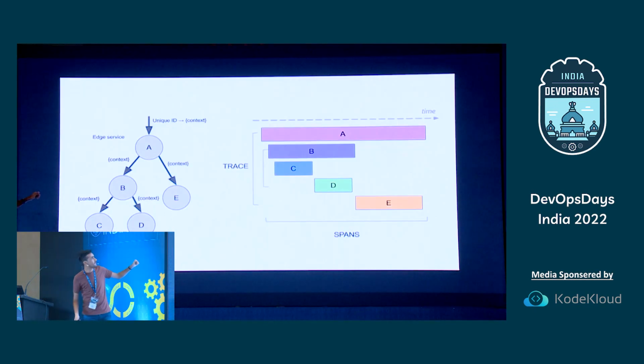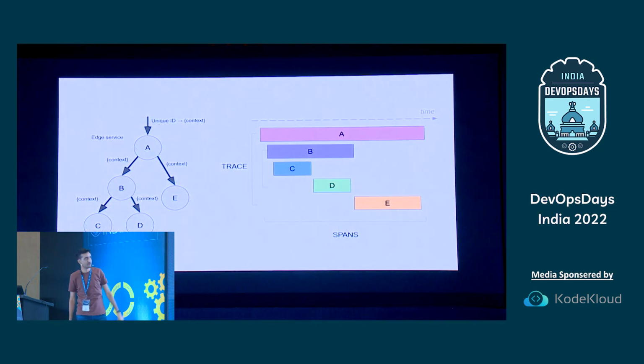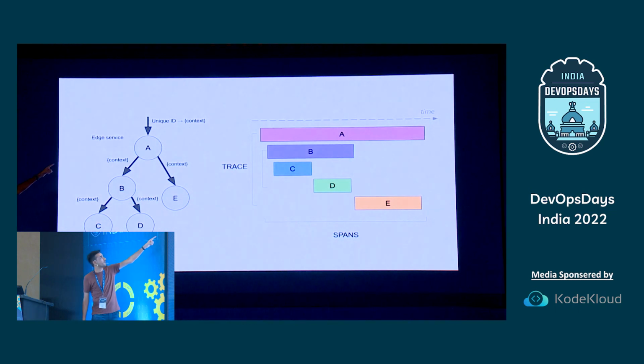So context propagation, again, this is a simplified diagram of what we saw before. Here, A, B, C, D, E are 5 different services. Time goes from this side to that side, and the whole thing is a trace, and the individual blocks, the different colored blocks, are your spans. Here you see the very first request that hits your service generates a unique ID and puts that in a context.